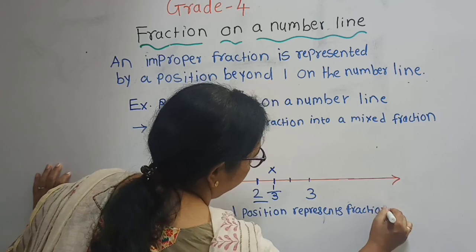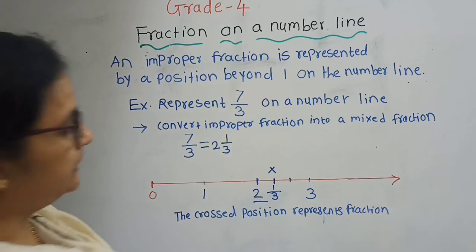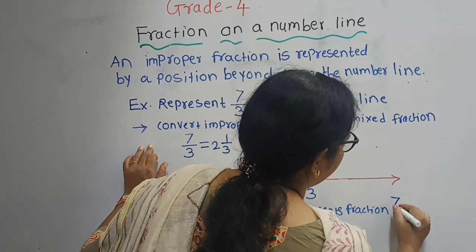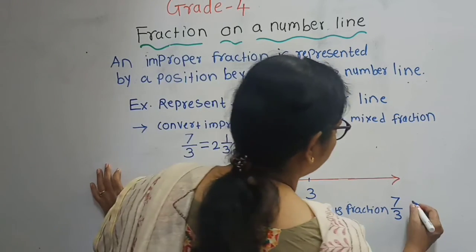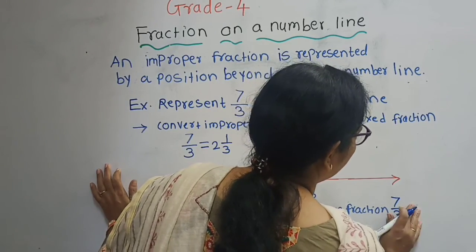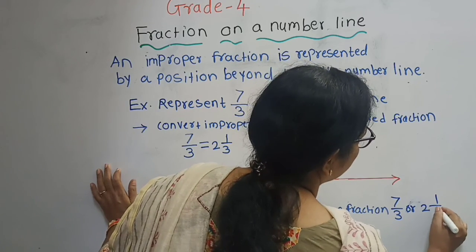Which fraction? The improper fraction 7/3, which is equal to 2 whole and 1/3. You can write here 7/3 or 2 whole and 1/3.